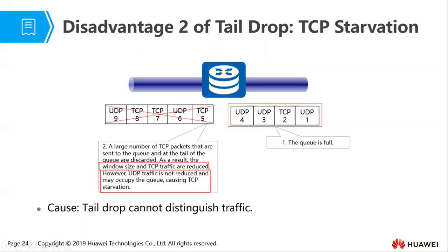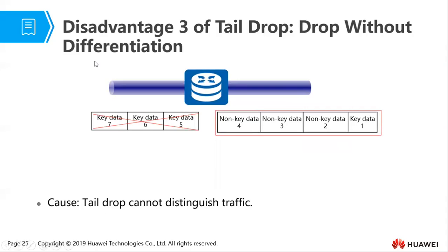But on the other hand, the UDP packets are not going to be reduced, so they're still going to be large. So that may cause delays in transmission of TCP packets. So that is what we are calling TCP starvation. Okay, sorry about what I had said earlier.